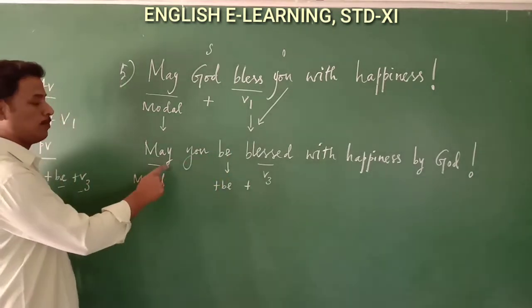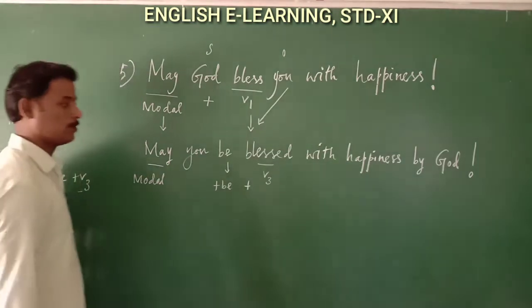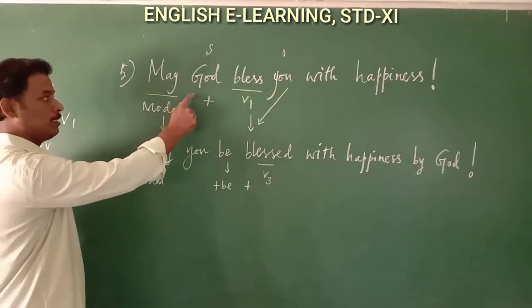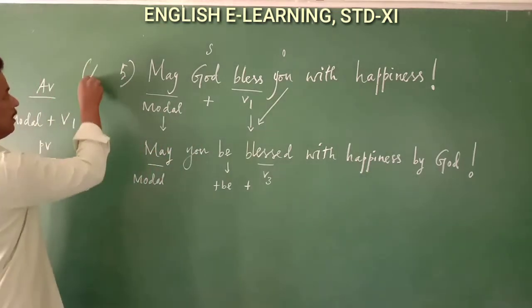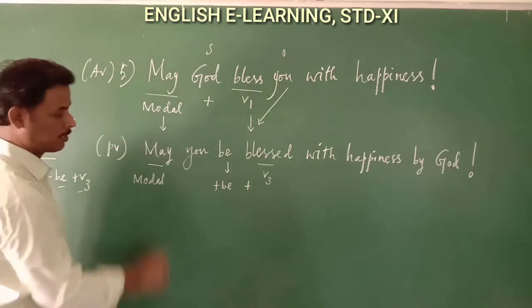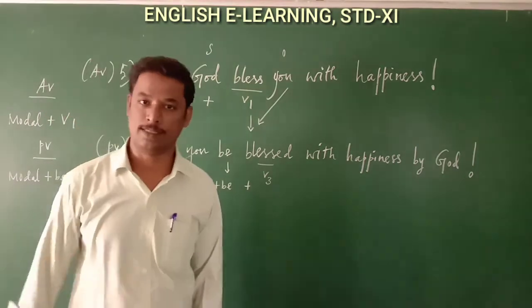Right. So may you be blessed with happiness by whom? By God. This is the passive answer for the question. May God bless you with happiness. So it is in active voice and this one is in passive voice. Okay. Let me take you to the next example now.